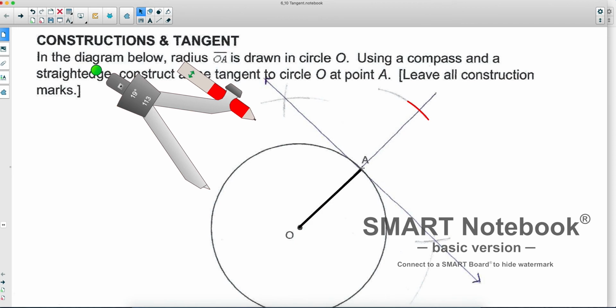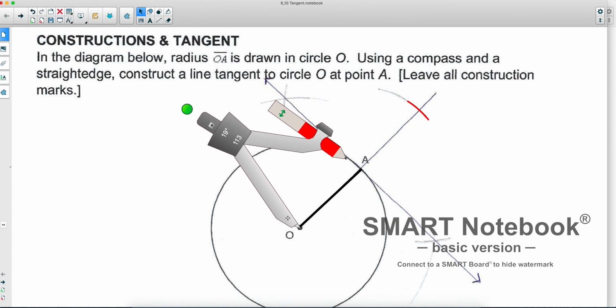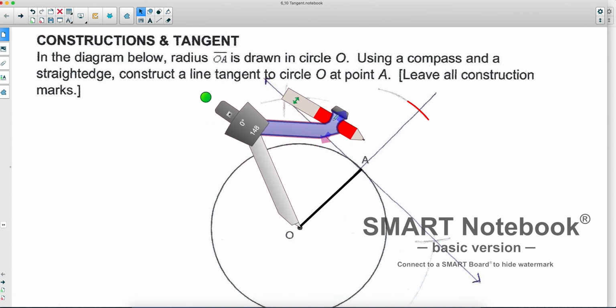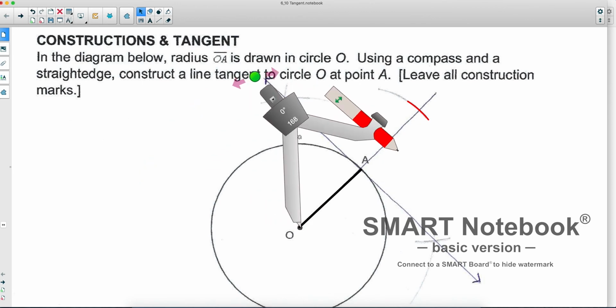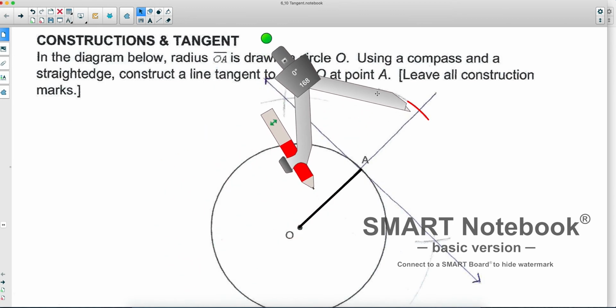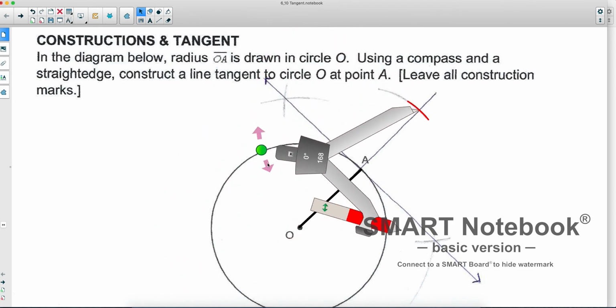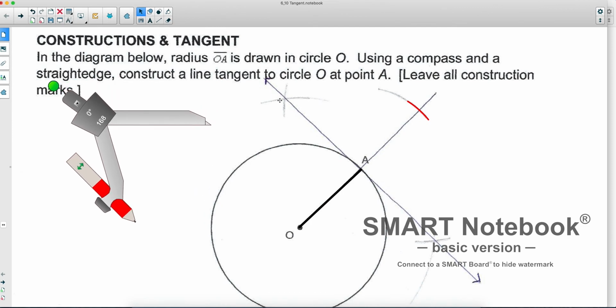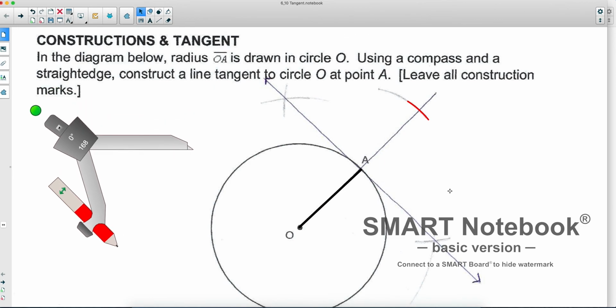I want A in the middle because I want a line to go through A. So I go a little bit past A, open up my compass, and swing an arc above and below. Then I flip it around, go to my other endpoint, and swing an arc above and below. Where those arcs intersect, I take my straight edge and connect them. This is then a tangent because it touches circle O at point A only, and it's a line, so I put arrows at the ends. That's how you incorporate constructions within the tangent.